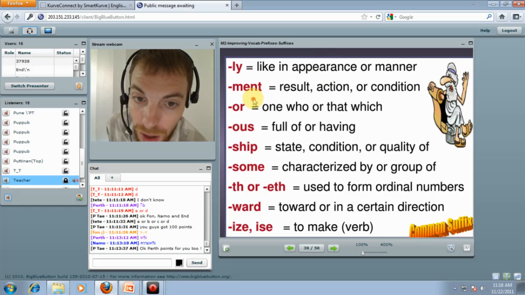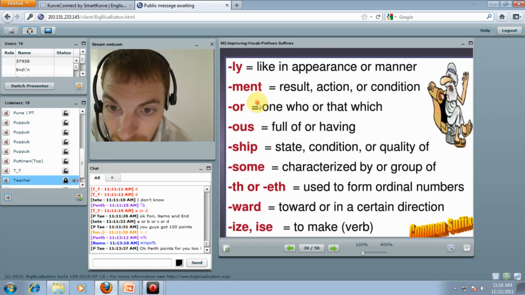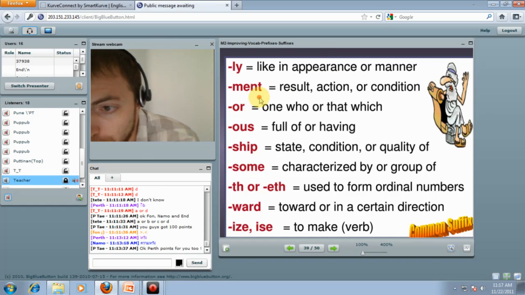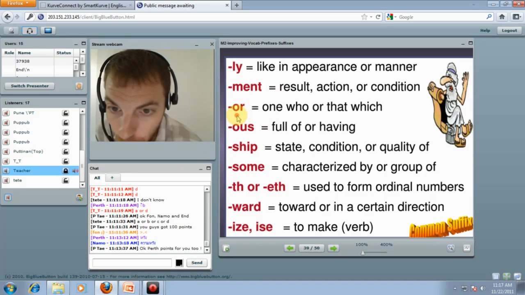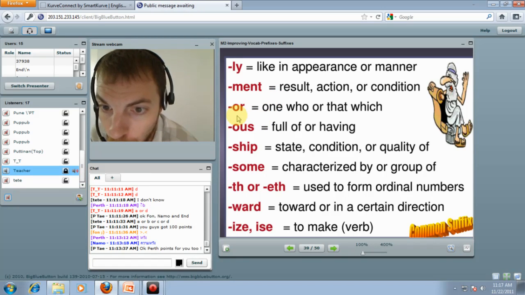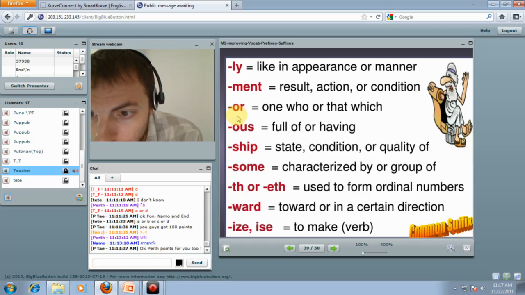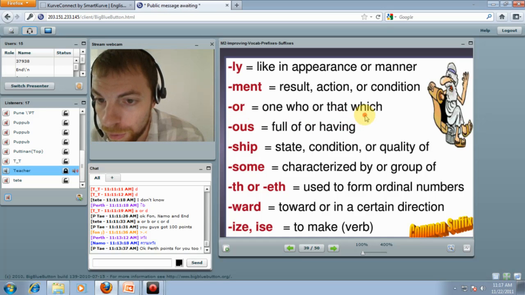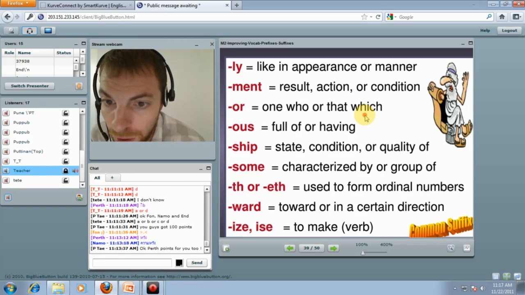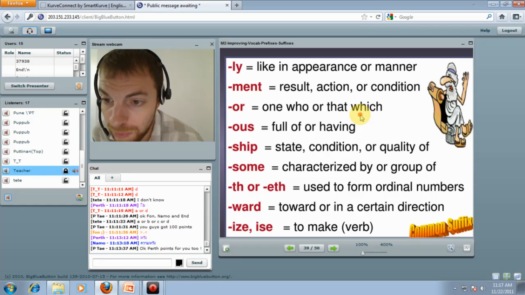Yeah, good. ment is the result of an action or a condition. Or is one. Yes, or is one who does that or something like that.